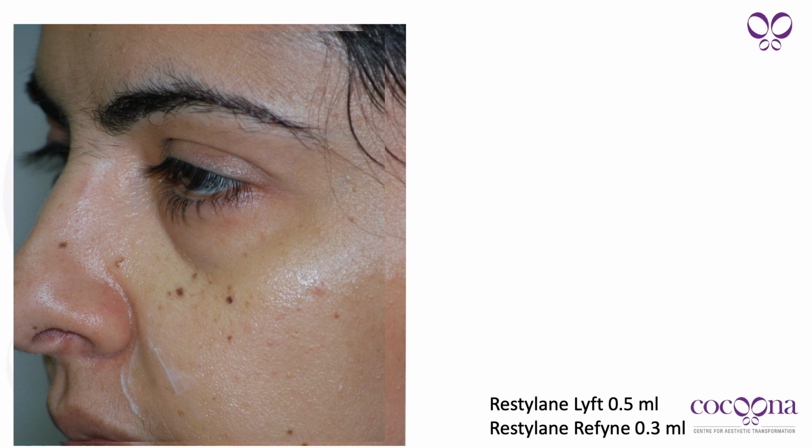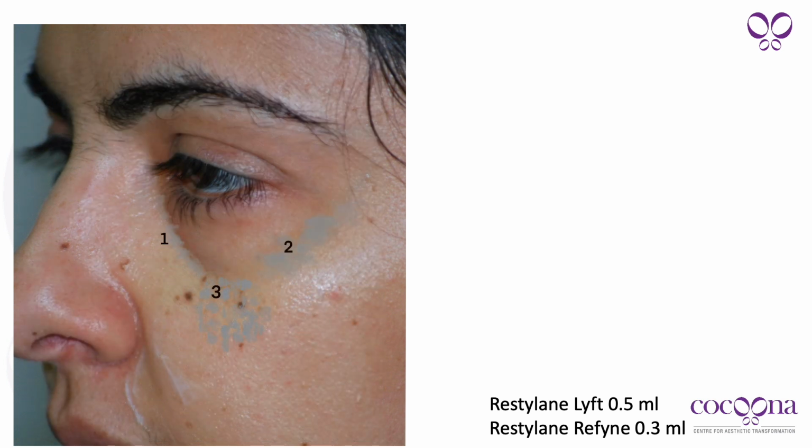This is grade 2 tear trough deformity. How would you inject in that? You would inject at point 3 a thicker or higher G prime filler which is deep plane. So I've used Restylane Lyft here, 0.5 ml, and then for zone A, zone 1 and 2, you use a lower G prime filler which is thinner, and it is injected just supraperiosteal, and I have used Restylane Refyne, just 0.3 ml in this area.